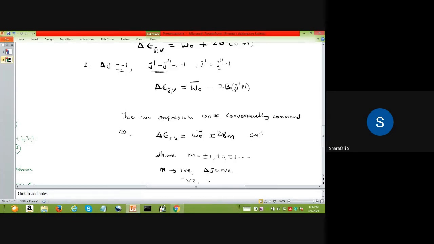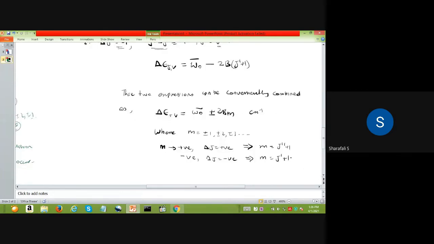So delta j is positive means your m will be equal to j double prime plus 1, and in this case your m will be equal to j prime plus 1. So that is the convenient method of representing both those equations in a single expression. And remember that m will never become 0 in this case.